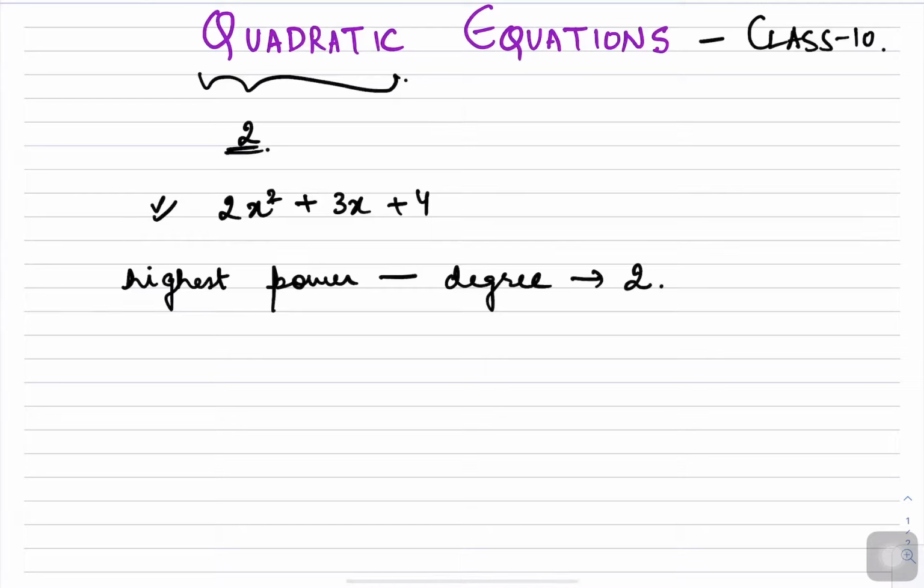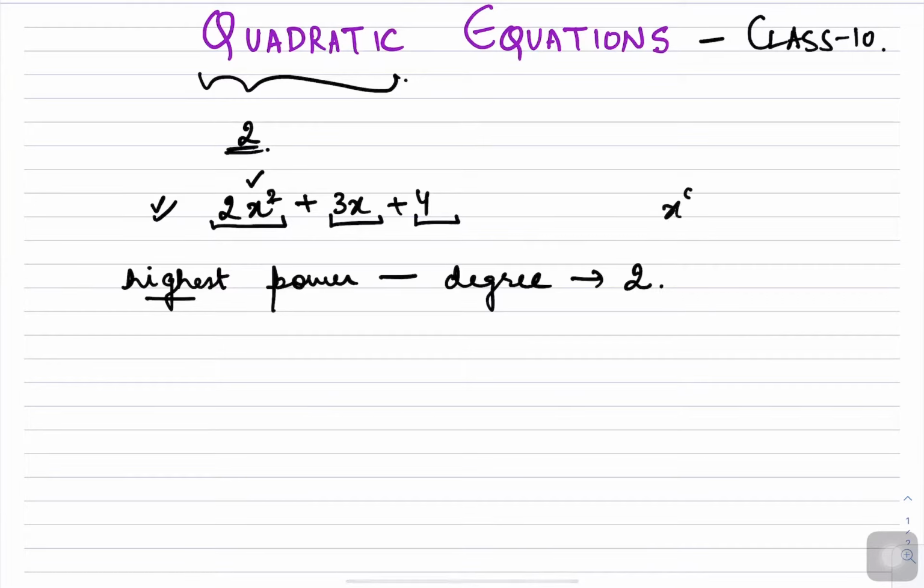is 2. That means, see, this is the first term, this is the second term, and this is the third term. In the first term, we have the power of variable x as 2. In the second term, we have the power of variable x as 1. And in the third term, we have variable x with power 0.